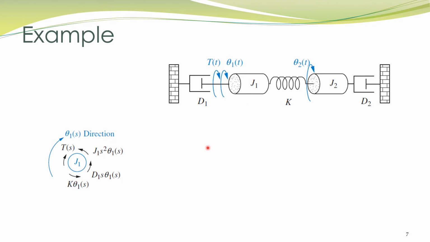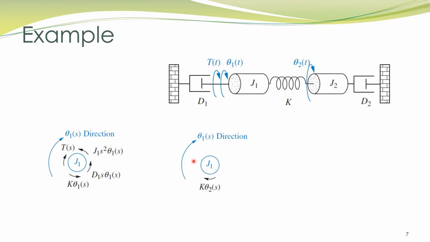Next, we keep this object stationary and move it in the direction of theta 2 and determine what torques are being applied on this object J1.